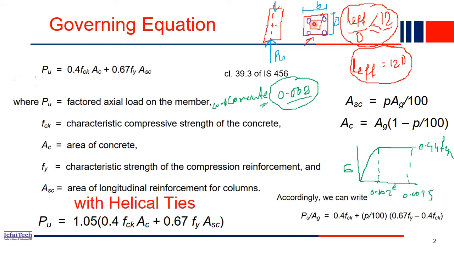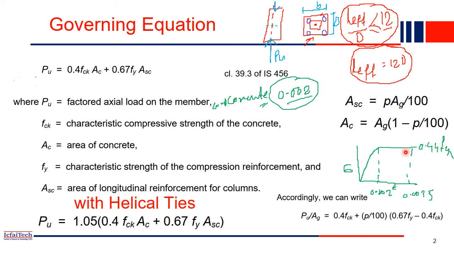The code says that even if the load is acting in this small area, 5% area, you still consider it an axially loaded member. So because of this, the strength of the concrete is actually reduced, since the load is not exactly axial but has some eccentricity. So whatever value we got, we should reduce it by approximately 10% to get the actual stresses in the concrete.